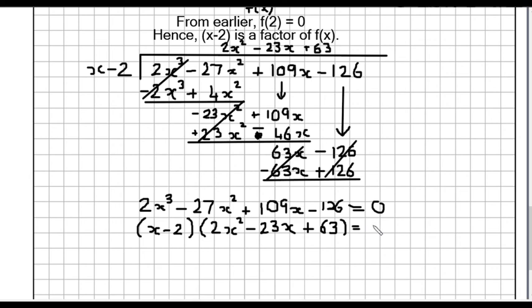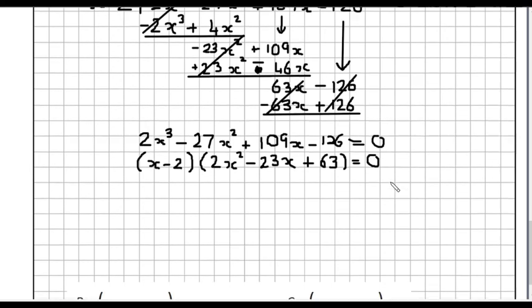Now what we have is two things multiplied by each other equaling 0. Therefore the first is going to equal 0, or the second is going to equal 0. So if x minus 2 equals 0, then x is equal to 2. But that comes from the point A. To get the x coordinates of b and c, here we need to solve this.